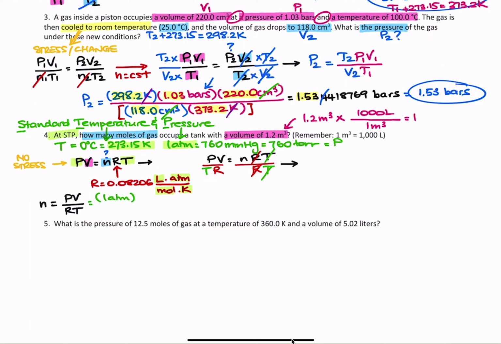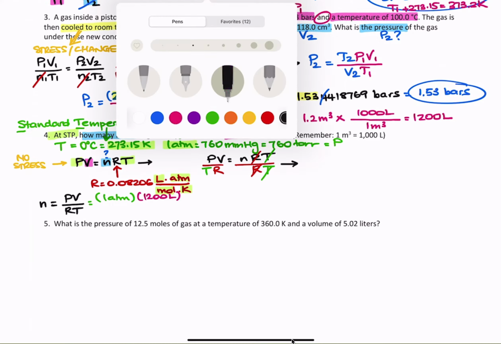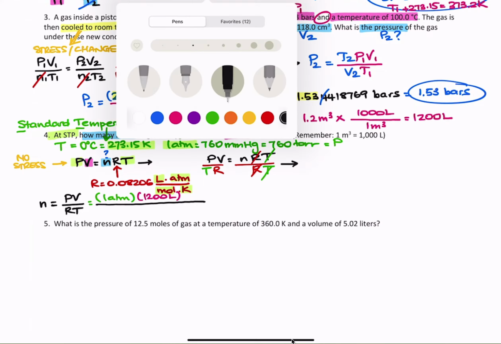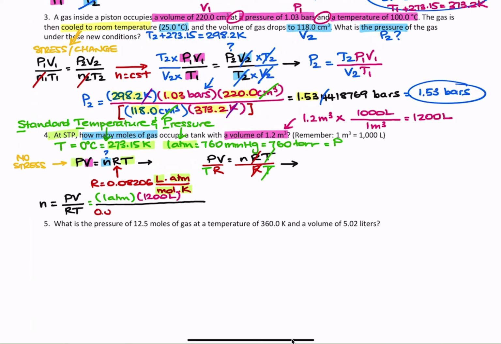This is equal to 1,200 liters, because units have to be liters in order to use R, the gas law constant, 0.08206 liter atm per mole Kelvin, times T in Kelvin, 273.15.